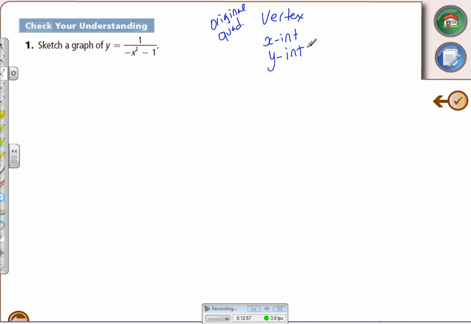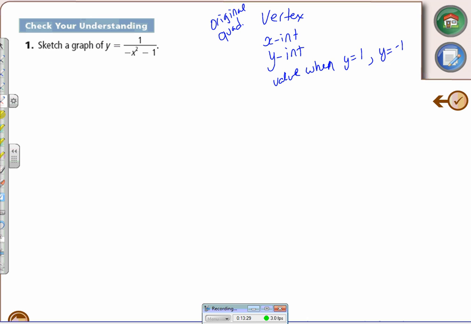Y-intercept is always a good thing to know as well. And then we're also going to want to know what the value is when y equals 1 and when y equals negative 1. Those are the invariant points, that last part. So these are the things that we want to look at from the original, and they're going to really help us to sketch the graph of this one.